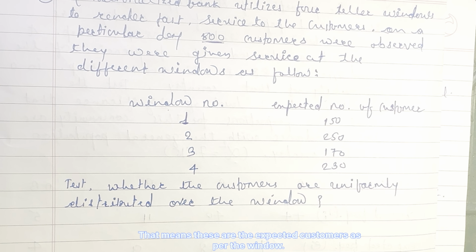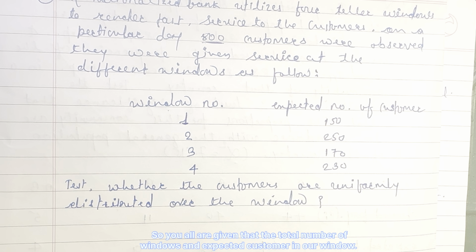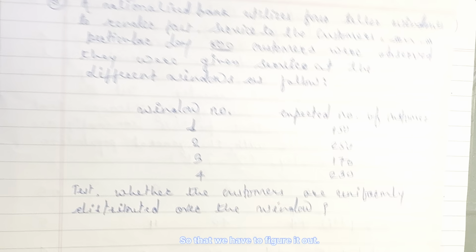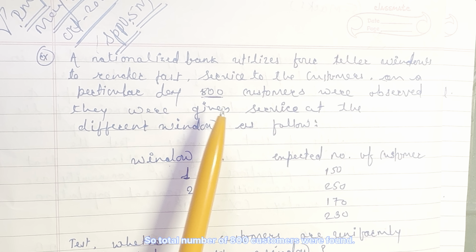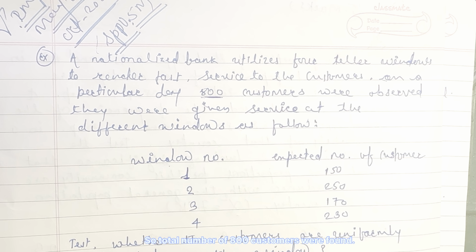These are the expected customers as per the window. The observed customers are not given, so we have to figure them out. The total number of customers found was 800.